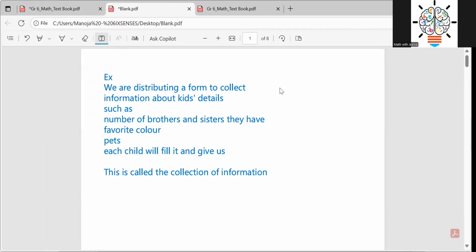You can decide what you are going to collect. Here I want to collect information about their favorite color and their pets, and the number of brothers and sisters they have. They write these things and give us the form. This process we call the collection of information.